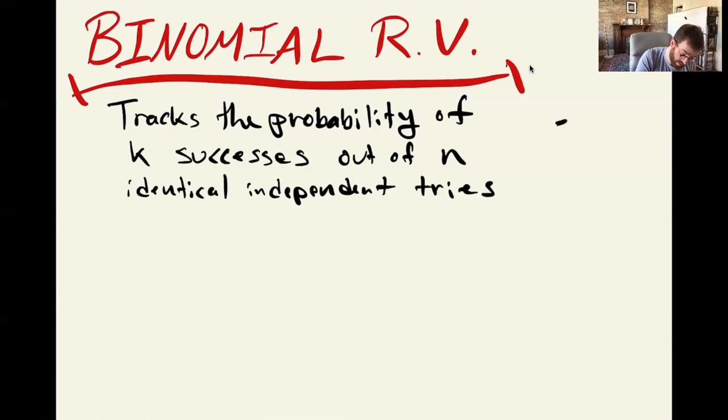And so we'll use the letter S sub n to indicate this random variable. So this will be our S sub n.